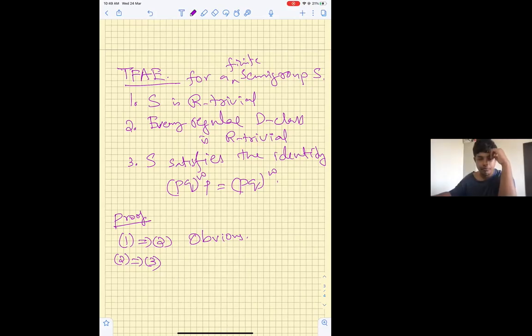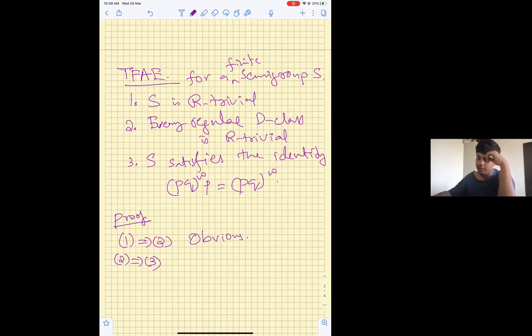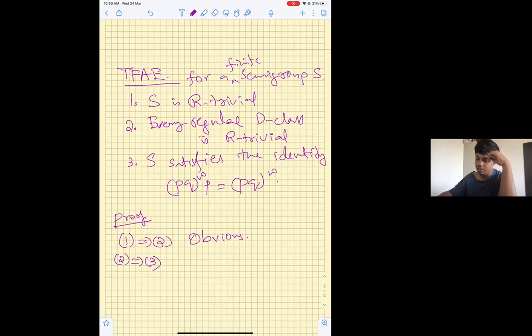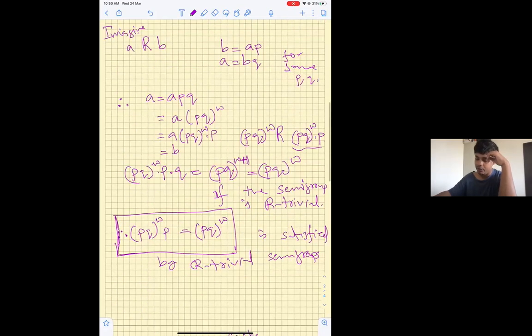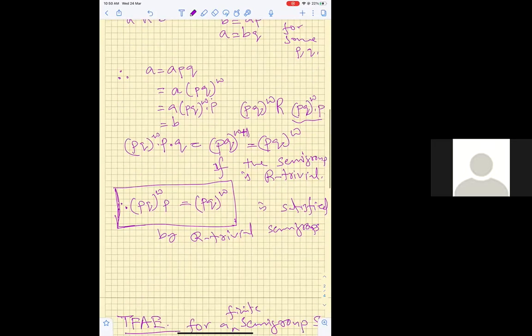Because in the third property we are writing it in terms of an idempotent power. In this proof, I am actually raising it to some idempotent power. That won't be possible if the monoid is infinite. Okay. So what is 2 to 3?